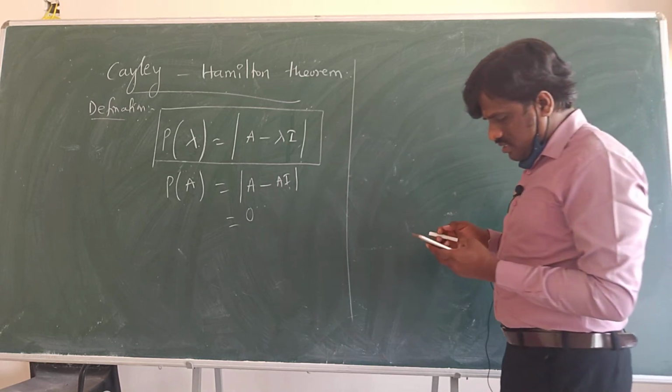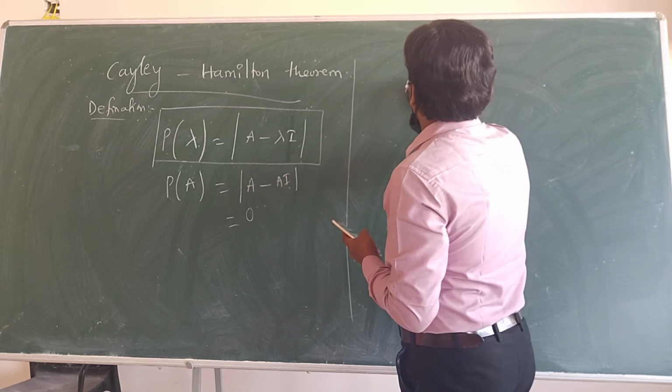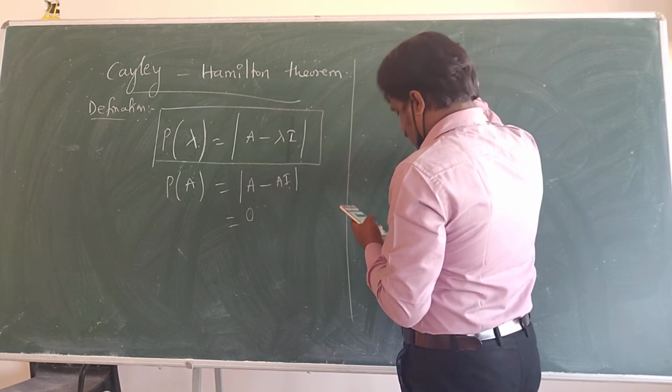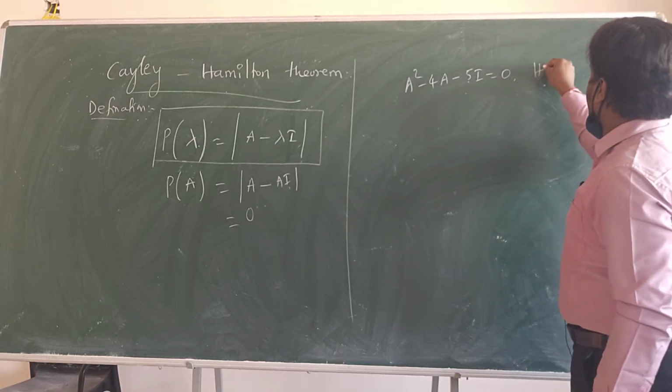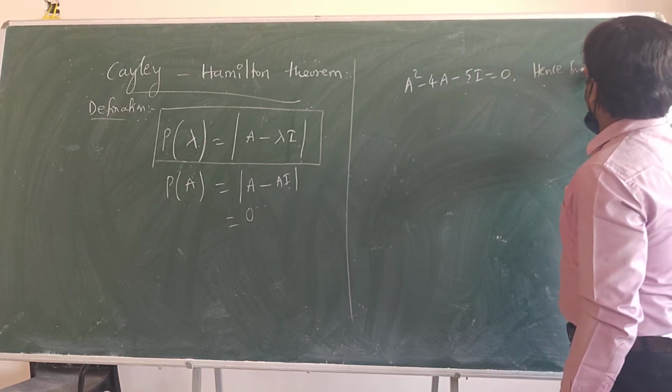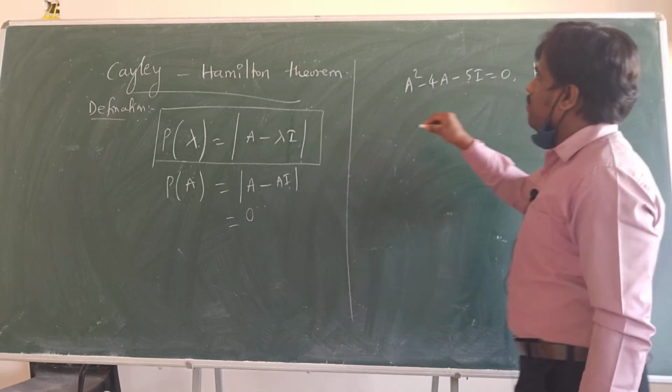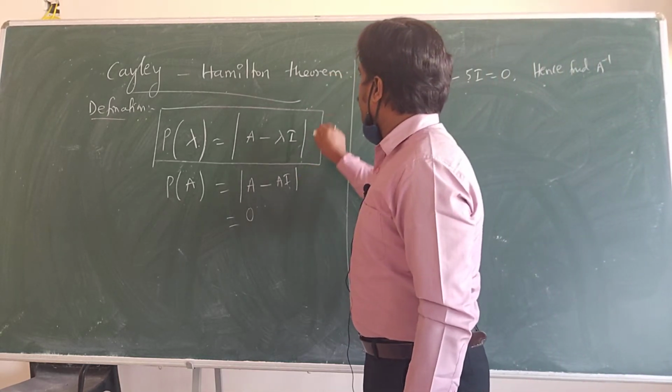Suppose they give you A square minus 4A minus 5I is equal to 0. Hence find A inverse. This Cayley-Hamilton theorem is useful to find A inverse.